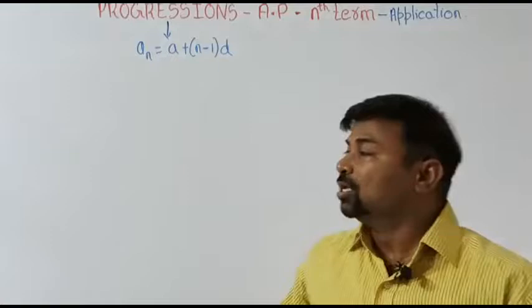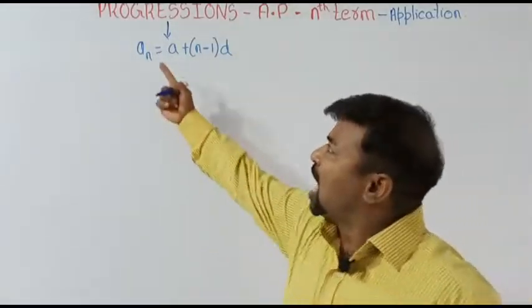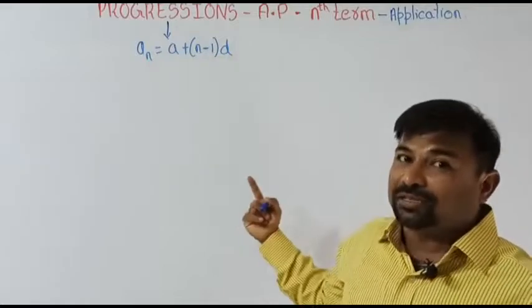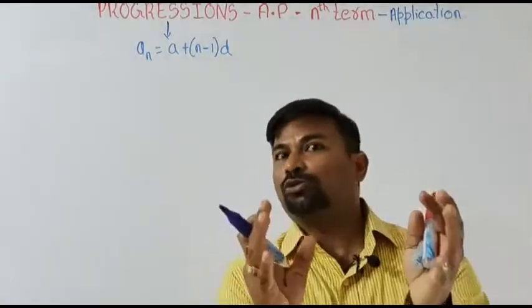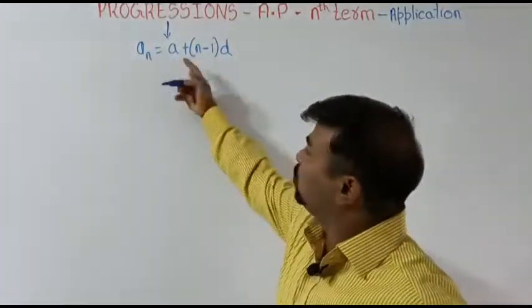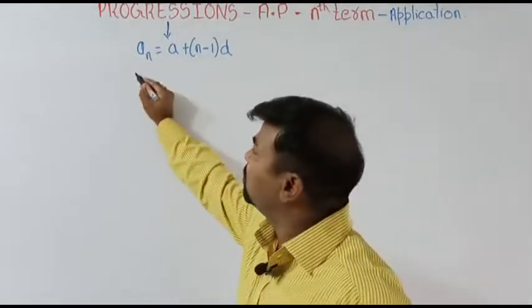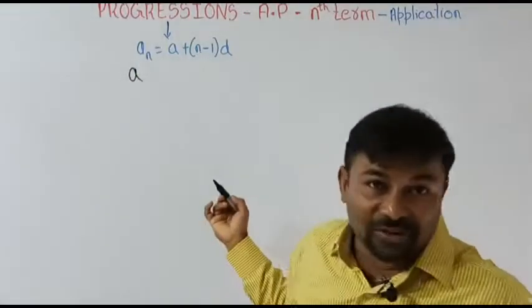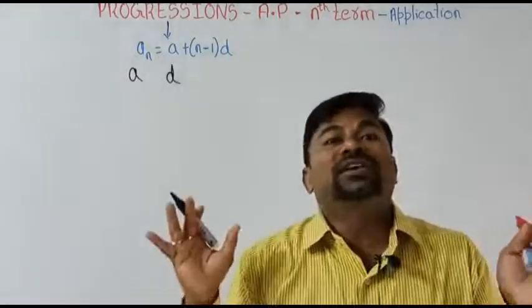Let's come back to this. As I said in my last video, as soon as you see the nth term formula, an equals a plus n minus 1 into d, you have to figure out the number of variables present in it. The first variable is a, the first term. The next one is d, the common difference.